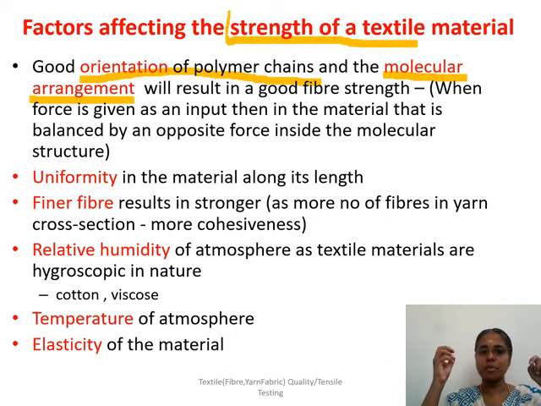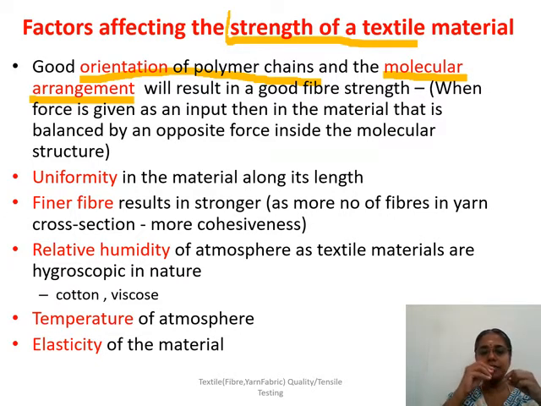So your degree of polymerization, your crystallinity percentage and amorphous percentage, and how well the polymer chains are arranged along the axis of the fiber; if it is along the axis of the fiber, then it is oriented. How better it is oriented to the axis, in which angle it is oriented. During the drawing process in synthetic fiber manufacturing, you get a better orientation. So this will result in a good fiber strength.